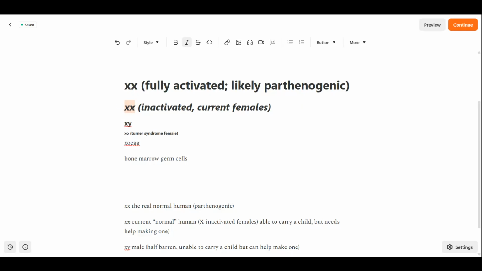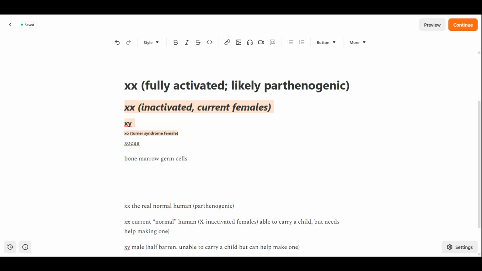So you can see the increasing fertility just by these three alone. The degree to which you have an X is the degree to which you are fertile.